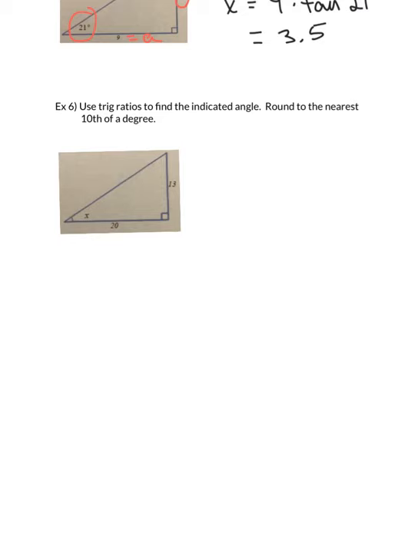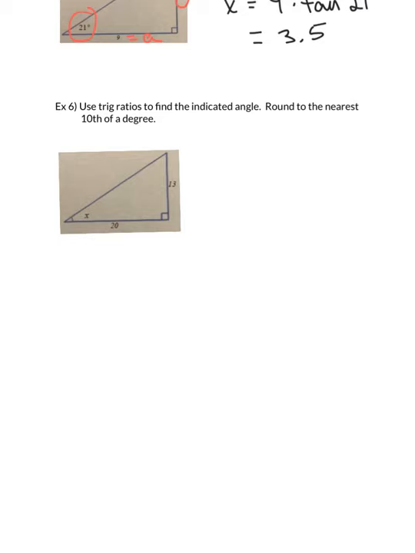Example 6 is a very similar idea to example 5, except this time you are going to find the angle measure instead of a side length. So look at what you are given and what ratio it creates.